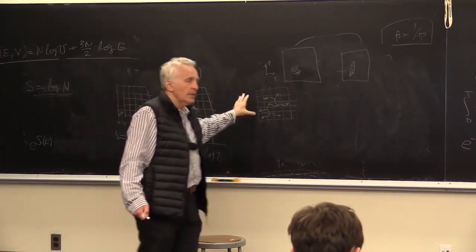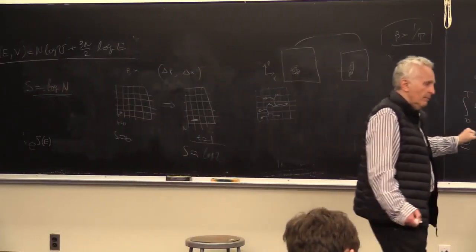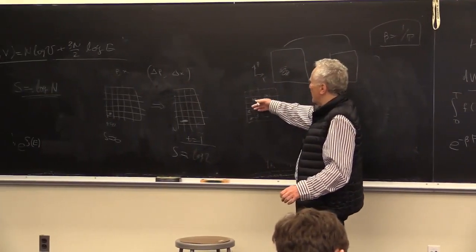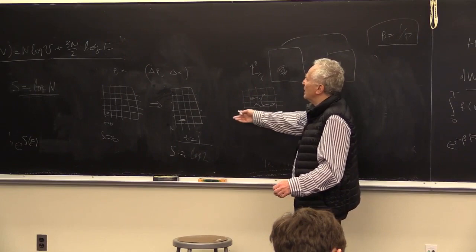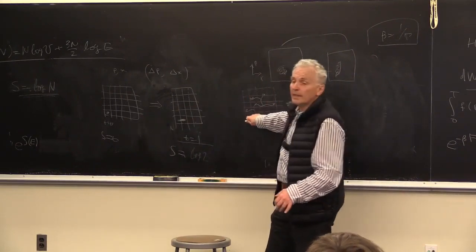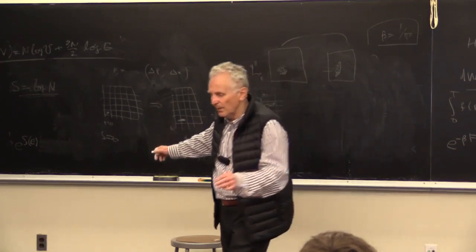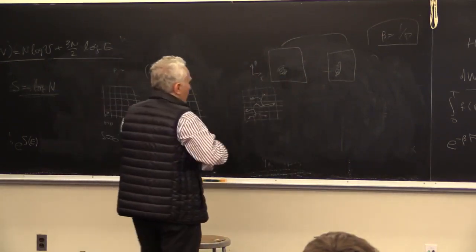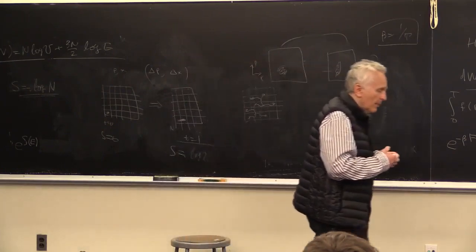So there's no contradiction, of course, with the Liouville theorem. But our device will measure coarse-grained entropy, and it will find that the entropy of this thing is small, while the entropy of this thing is huge. And that's how one explains the growth of entropy with time.